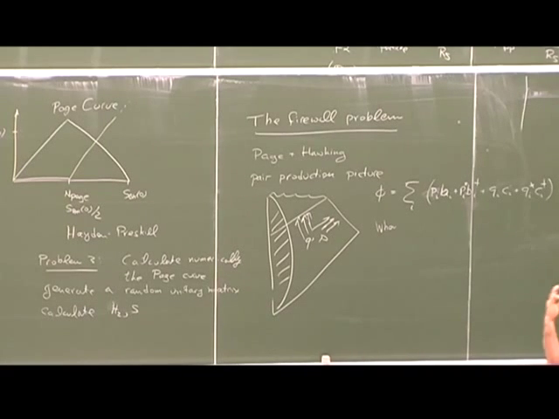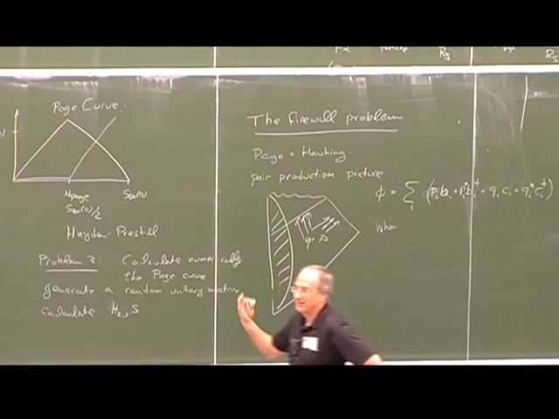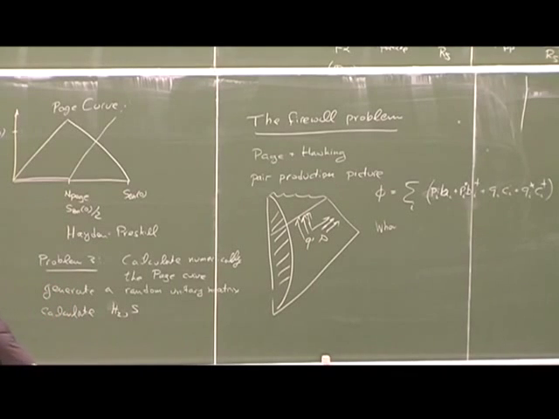This was already known from the get-go, because everybody knew that only the Hartle-Hawking vacuum, which is essentially this, is the one that has a regular energy momentum tensor near the horizon. And this is stated everywhere.